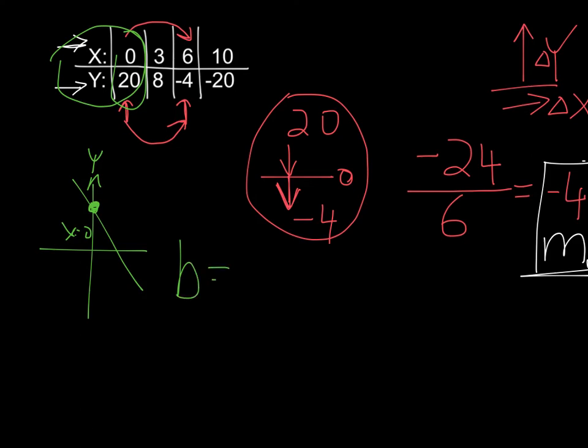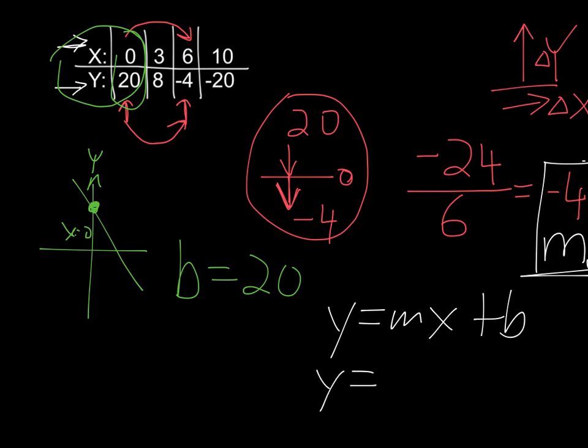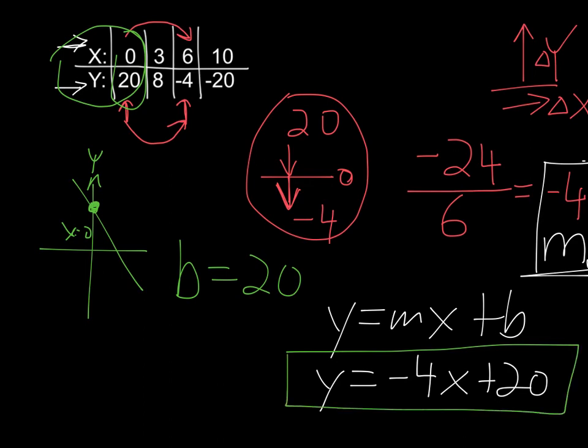So the y-intercept equals 20. How do we write this? Y equals mx plus b. So y equals m, negative 4x, and b is 20, plus 20. And that is how we write this equation.